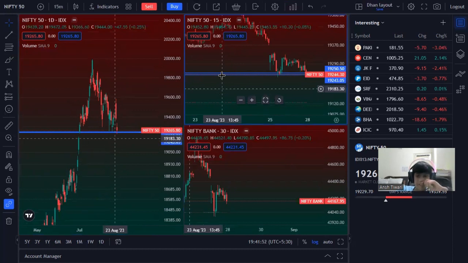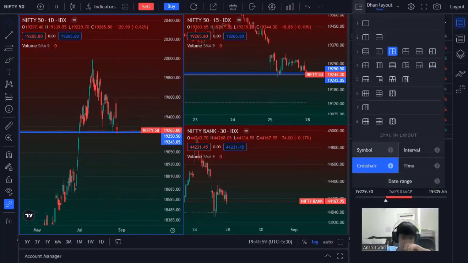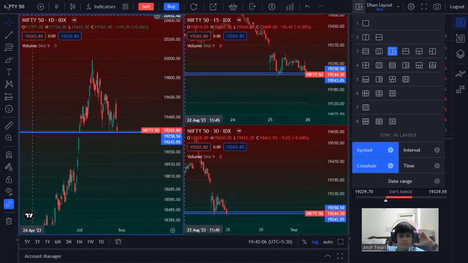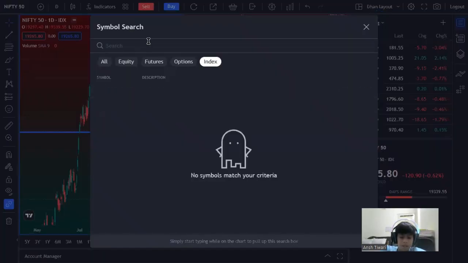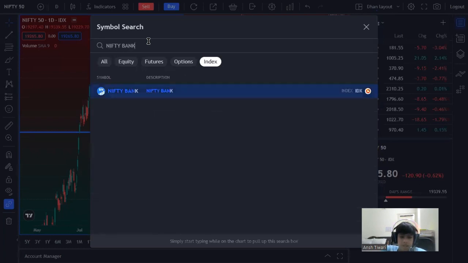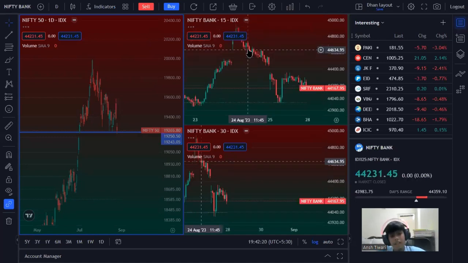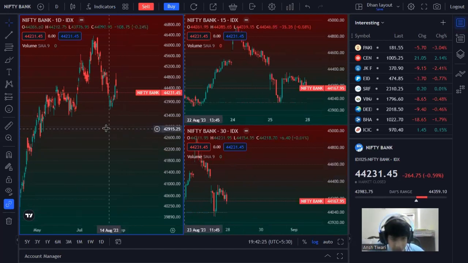Sorry, we go here. Change the symbol to, oh sorry, here I'll go to Nifty Bank. Let me load it up. All right. Now we have Bank Nifty here.